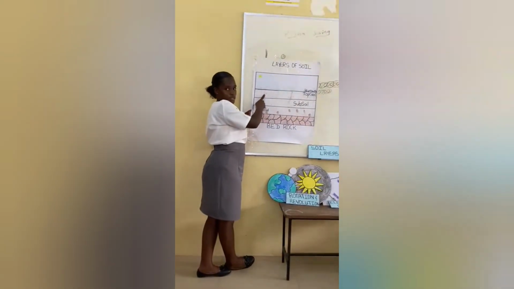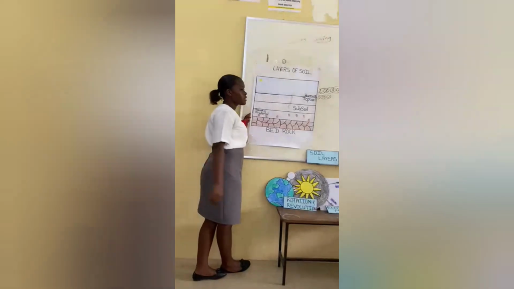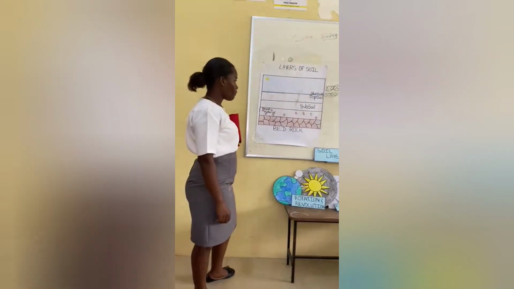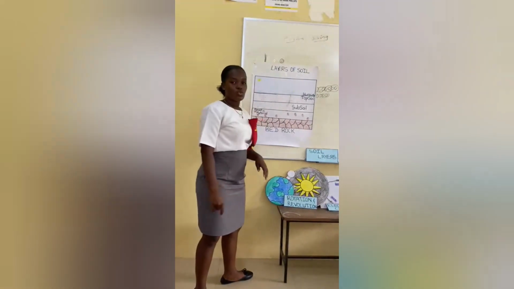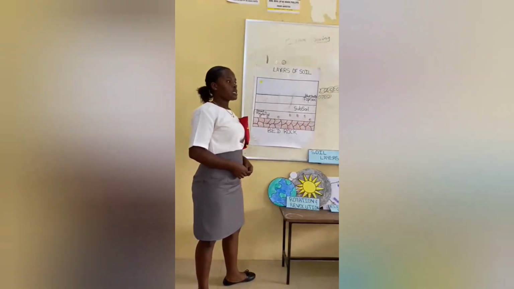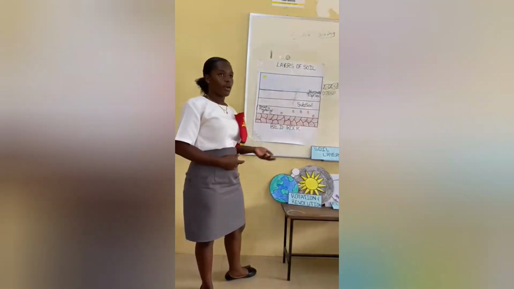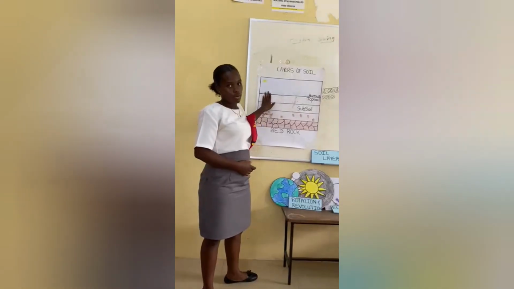Fourth part, the topsoil. And the final part is the humus. Okay? The humus is what we mostly walk on when we go out in the environment and so on.